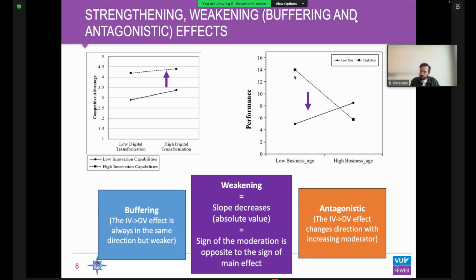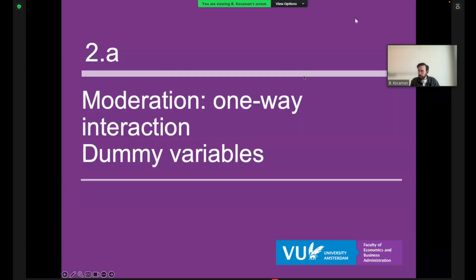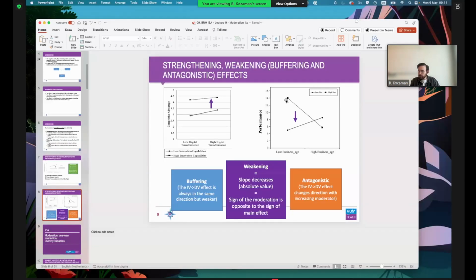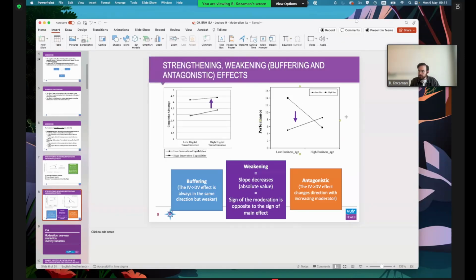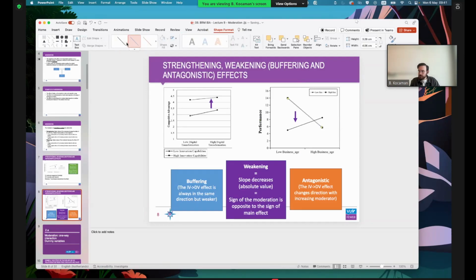So if this is your continuous line, and this is the dashed line, sorry for this, I didn't look carefully. So the previous arrow direction was actually correct.